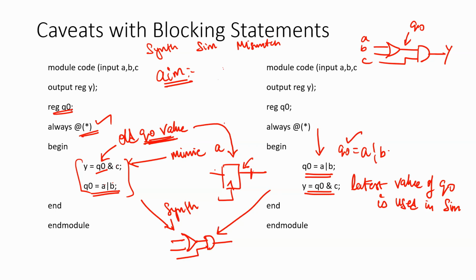But that is not happening here. This is just because of the ordering in the blocking statement. Whereas here I will see the latest value of Q naught because Q naught is written first, and then we assign it to Y. So in both the cases the synthesis will yield this circuit, whereas in simulation I will see a different behavior. So this also causes synthesis simulation mismatch issues.